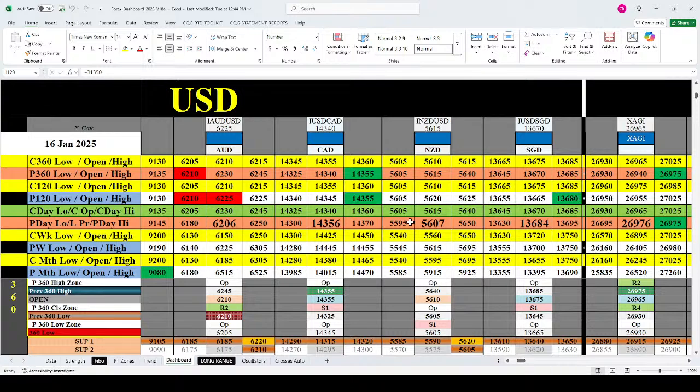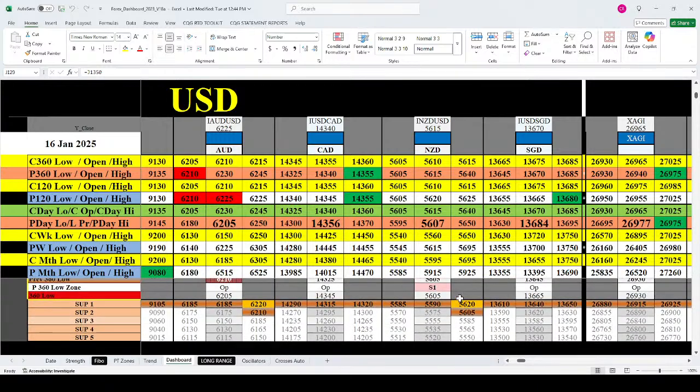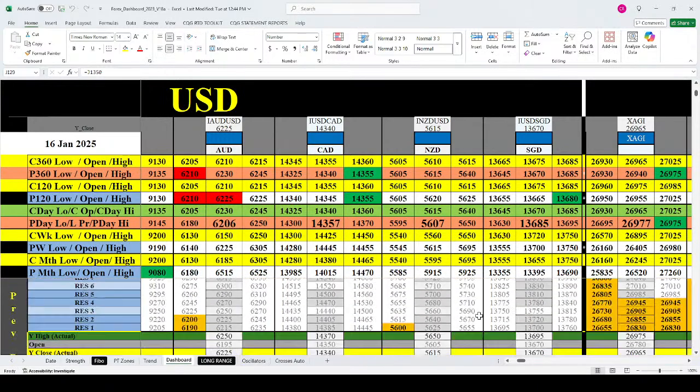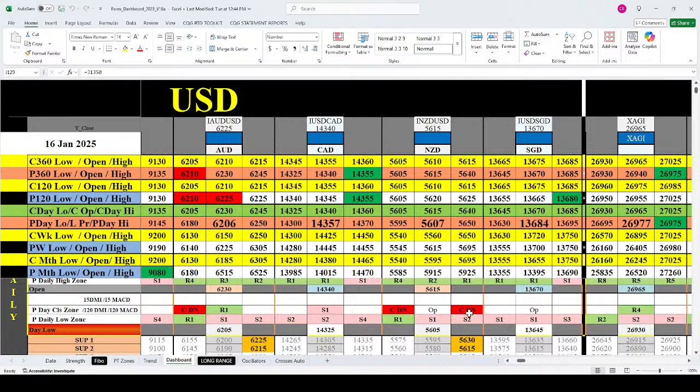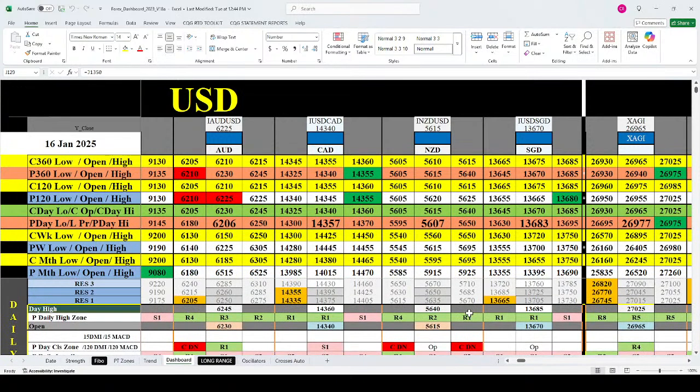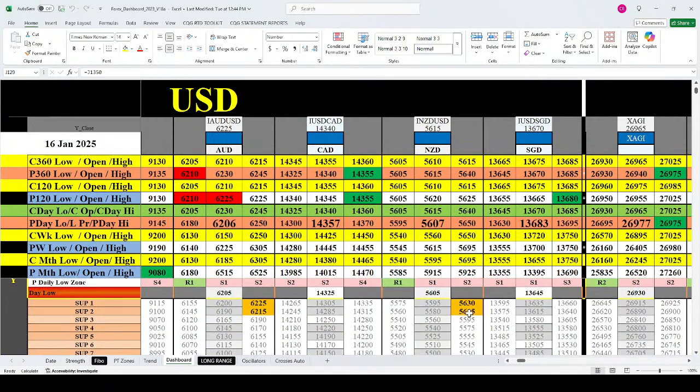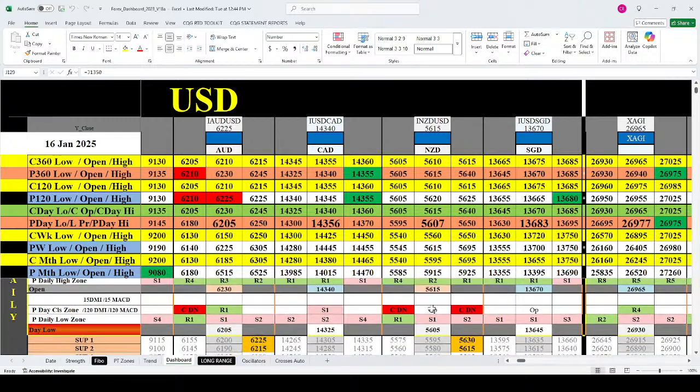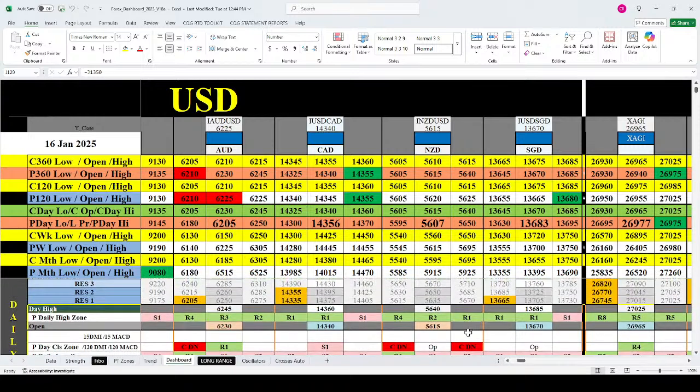So this should be our buying level. We can buy somewhere at 55.75 or 80. That should be your buying level based on the system, and expect 56.30 and 56.50 to hold.